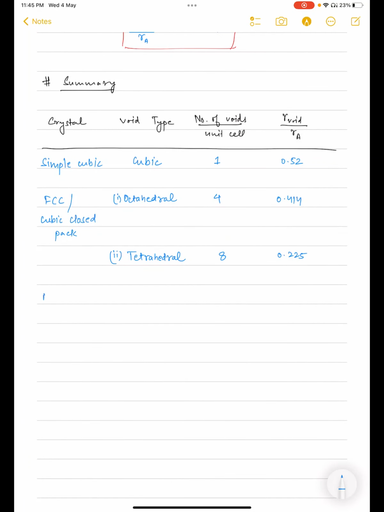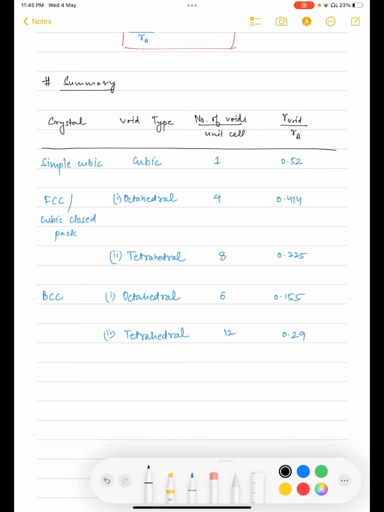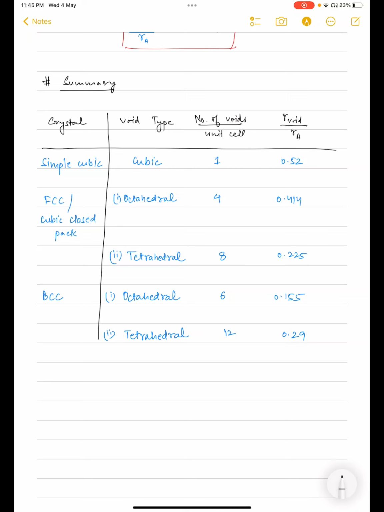Last was body-centered cubic with distorted octahedral, this being 6 voids per unit cell with a size of 0.155, and tetrahedral, these are also distorted and 12 in number per unit cell with a size of 0.29. So this way we can summarize.